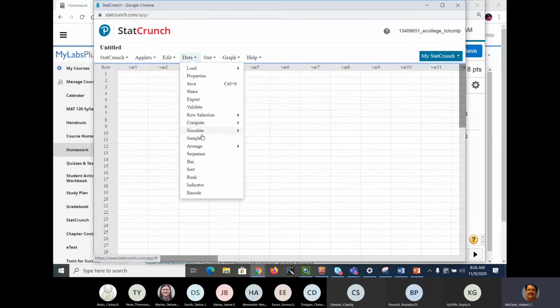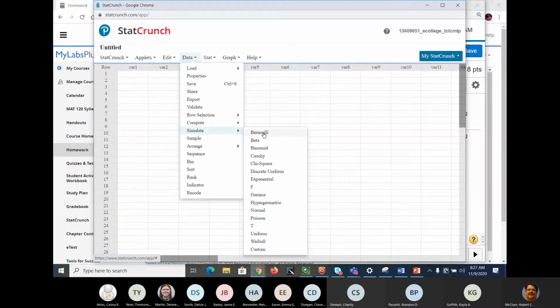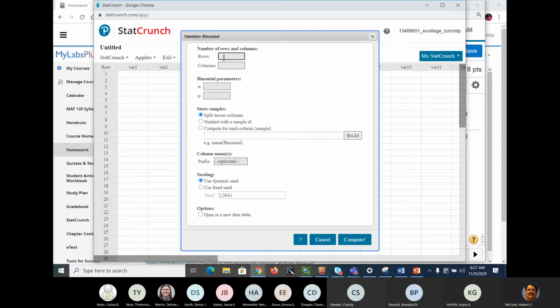We can do binomial. Well, we can do binomial. And then we can do rows. So that's going to be 200 rows, and 5 people in each row.